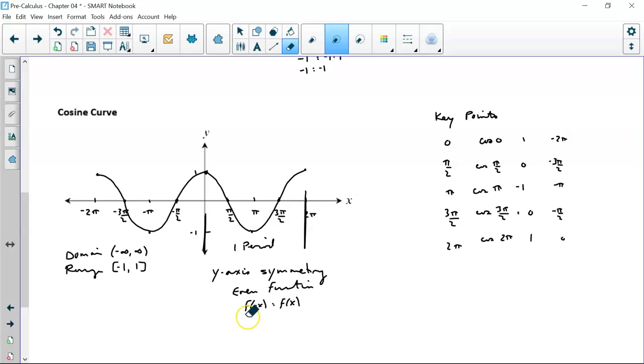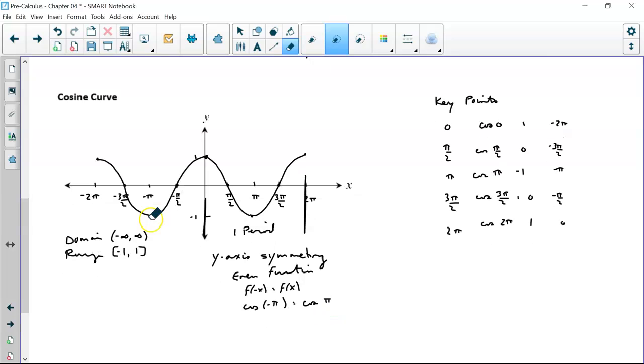So for example, the cosine of -pi equals the cosine of pi. You can see the cosine of -pi is -1. The cosine of pi is also -1. That's what it means for it to be even. When you take the cosine of the negative angle, you get the cosine of the positive angle.